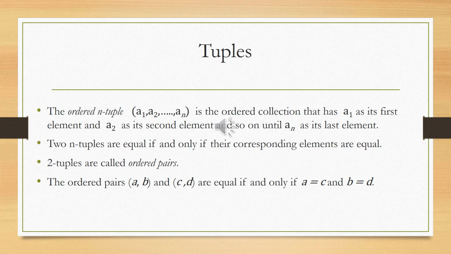Two-tuples are called ordered pairs. The ordered pairs (a, b) and (c, d) are equal if and only if a is equal to c and b is equal to d.